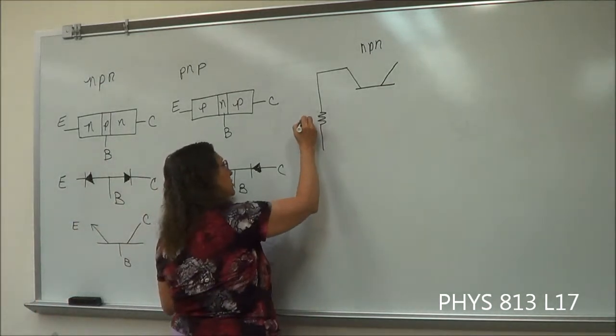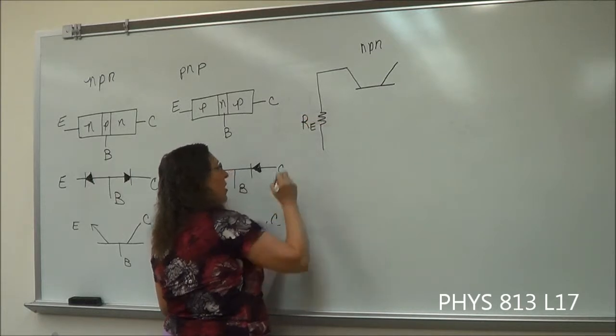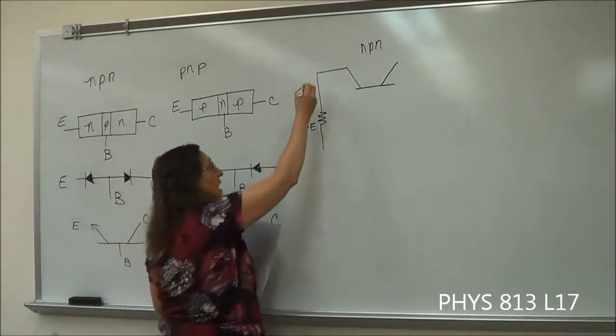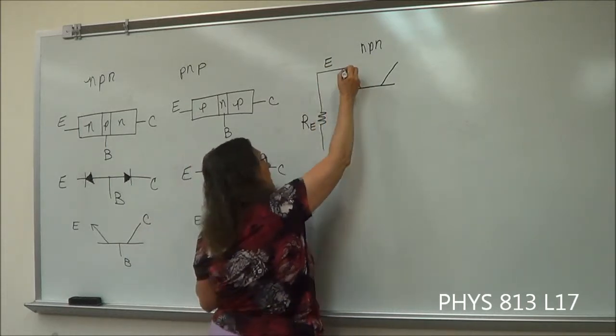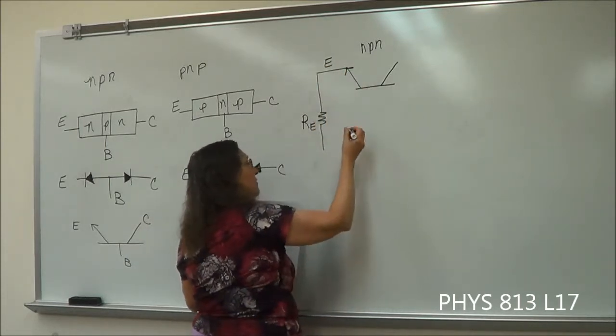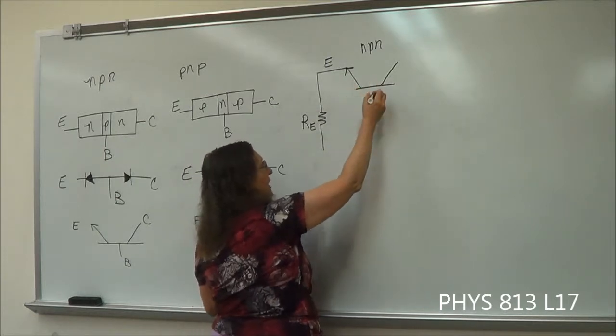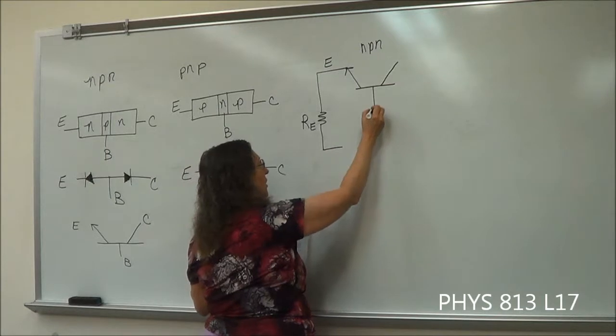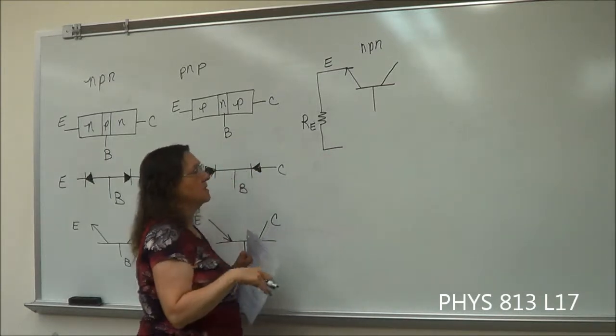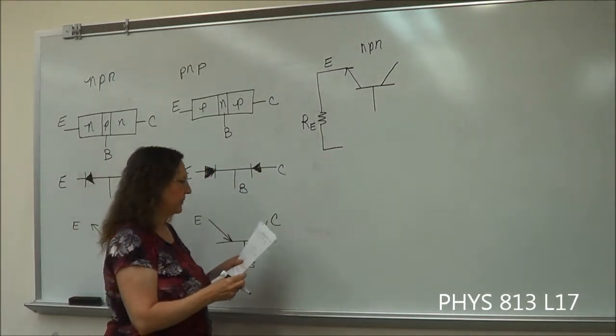So this resistor is called R sub E because this side is the emitter, and with the NPN we have an arrow there. Then this is the base, and we're not going to draw a resistor there. In some circuits there will be.